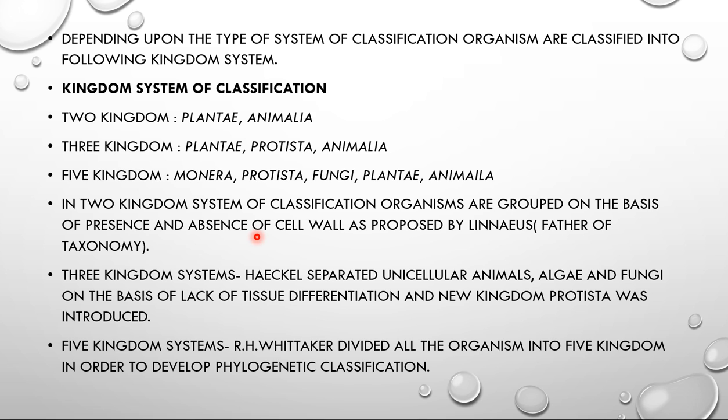Now you will ask who discovered the three kingdom system? Then Haeckel separated the unicellular animals, algae and fungi on the basis of the lack of tissue differentiation, and in the three kingdoms, along with the Plantae and the Animalia, a third kingdom was added or introduced.